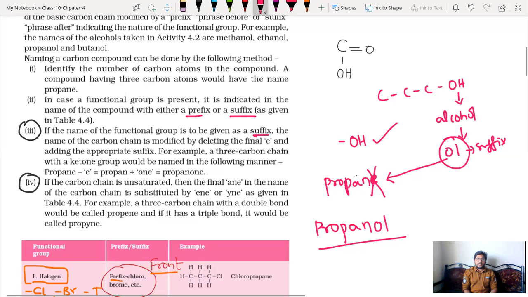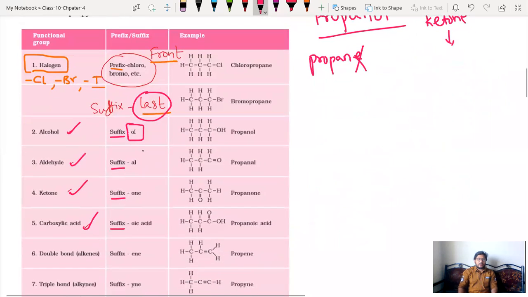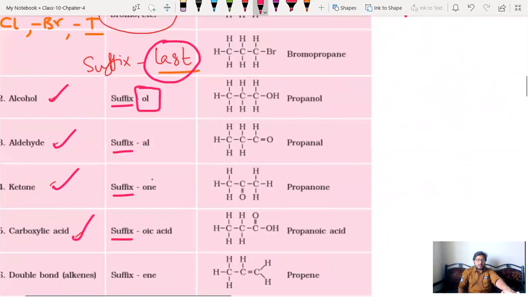Propanol. Right? For example, a 3 carbon chain with ketone. Yes, we will see the next example, that ketone. If ketone is present, guys, what we have to do? If it is 3 carbons, it is PROPANE, propane, and E is to be deleted. What is the shortcut of the ketone? For ketone, it is ONE, not one. Known, it is own.